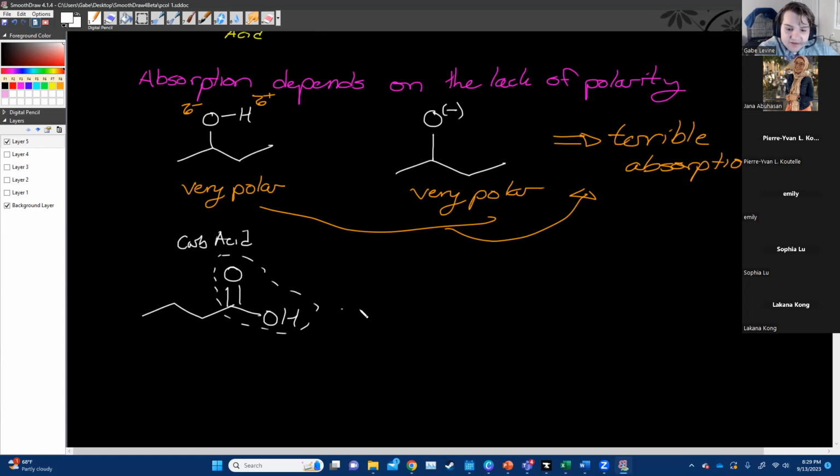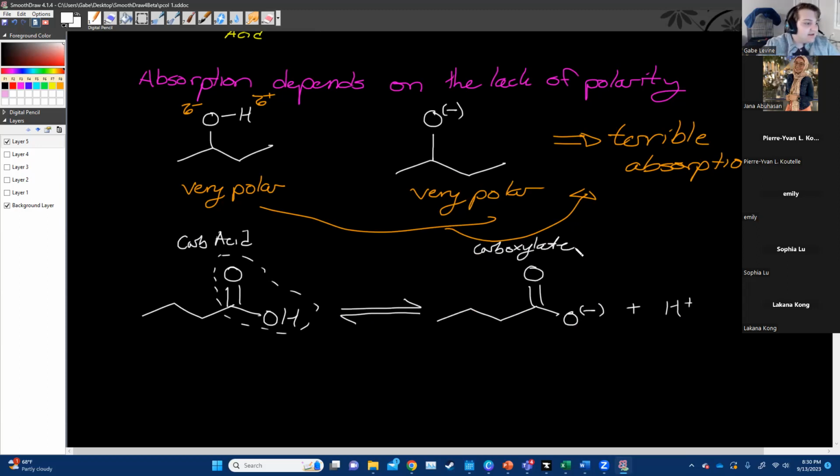And so one of the things that can happen is that depending on what kind of solution it is in, so if you dissolve it in some water or you dissolve it in the stomach, it dissociates into its conjugate base, which is a carboxylate. So we have a carboxylic acid or a carboxylate. In other words, we have our acid and our conjugate base.